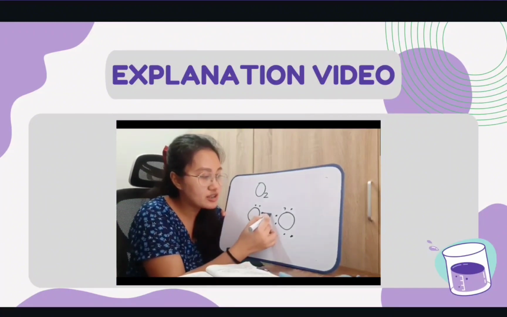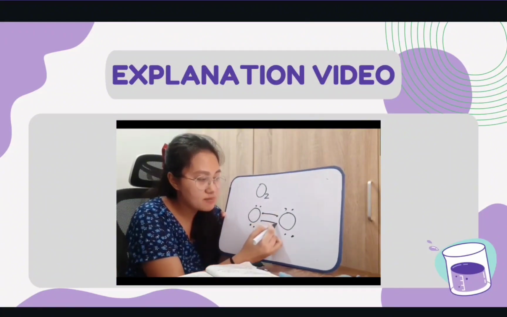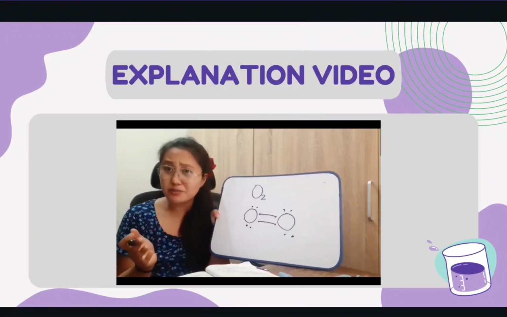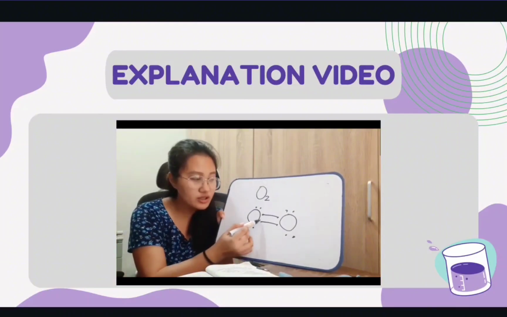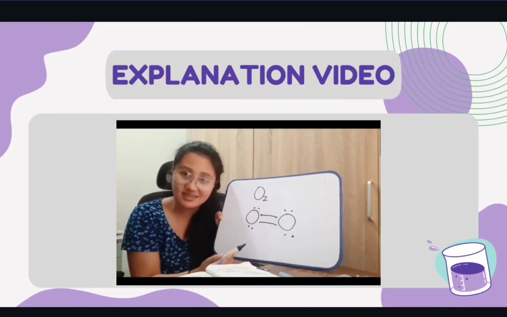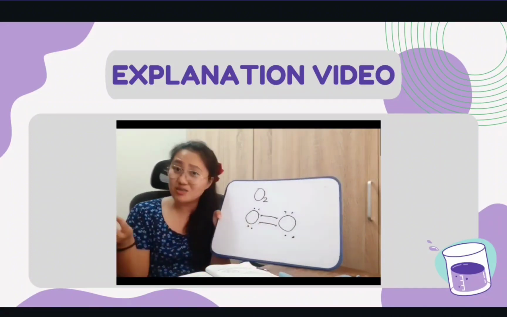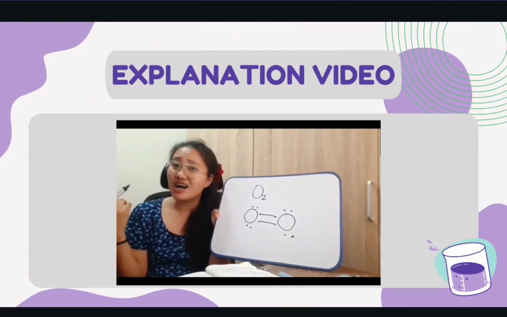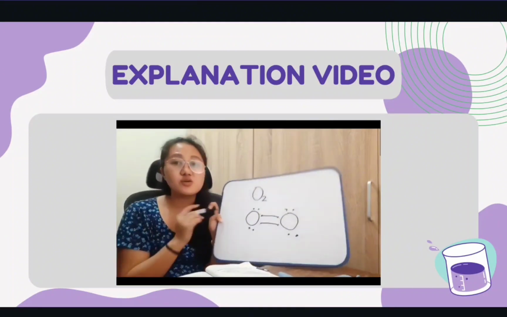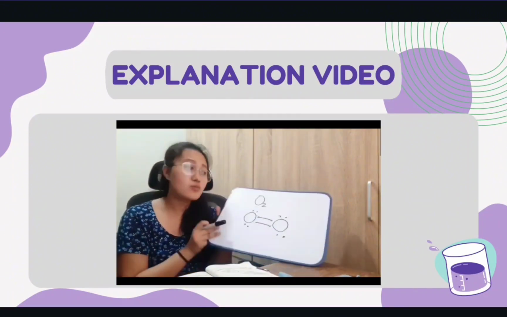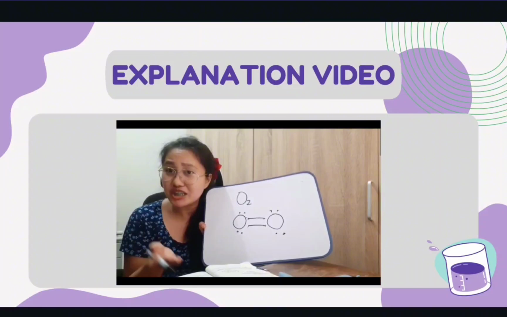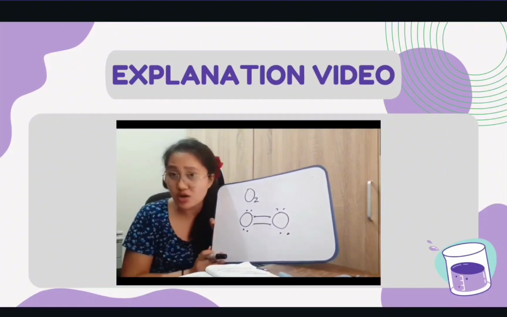So it shares again with the other oxygen. If we count the number of electrons: 1, 2, 3, 4, 5, 6, 7, 8. And on the other side, 1, 2, 3, 4, 5, 6, 7, 8. So it has achieved its stable configuration. That is our covalent bonding. And if you notice, our example earlier was nitrogen gas, and the other one is oxygen gas.